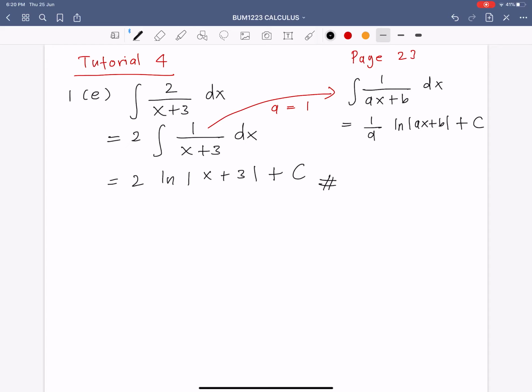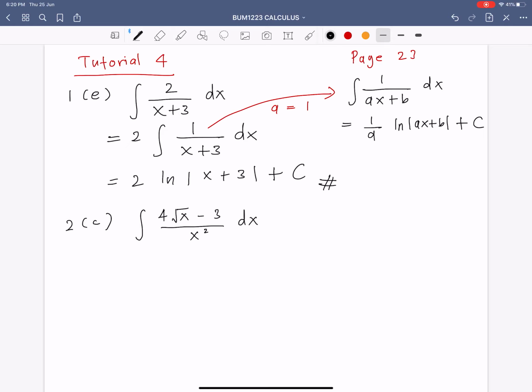Okay, next we want to look at question 2C. For question 2C, we have integration 4 times square root x minus 3 over x squared dx.